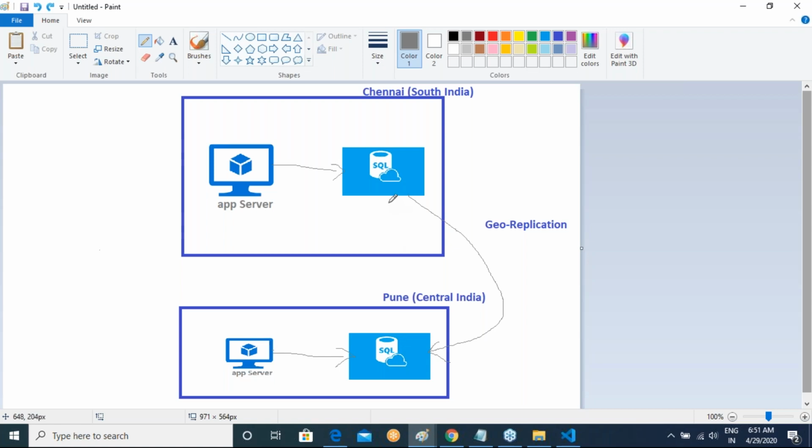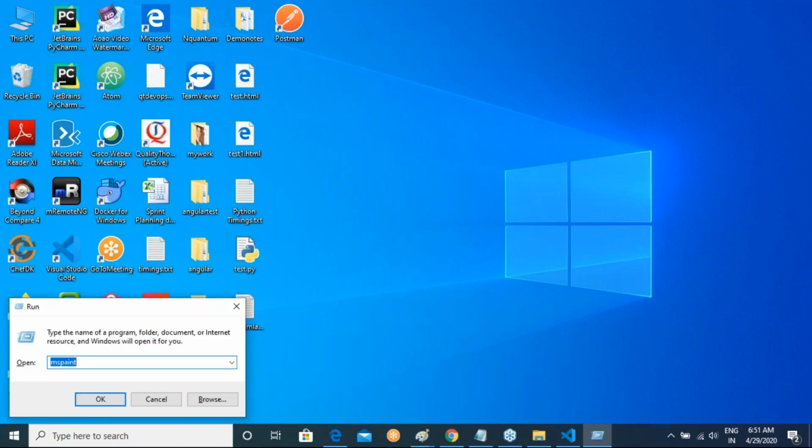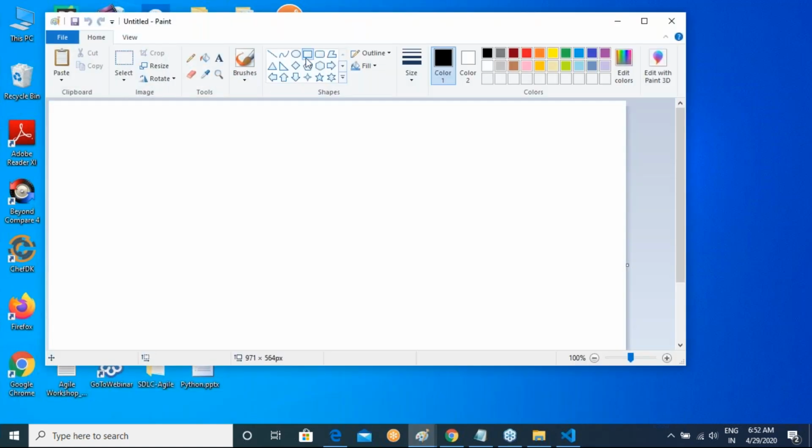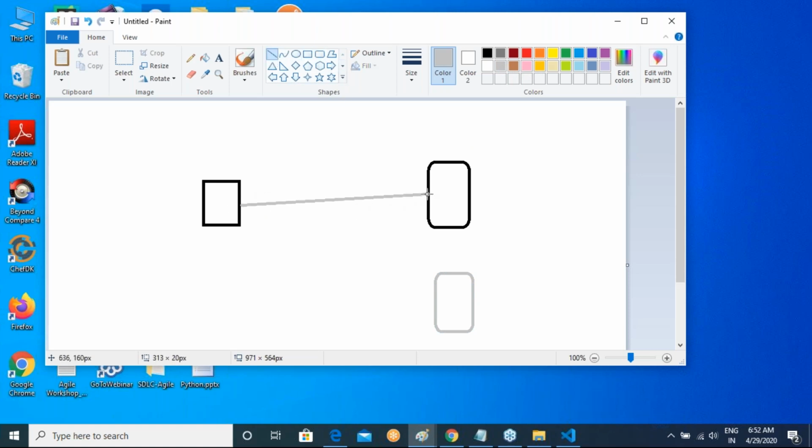For the people who didn't understand my statement, I have an application server and a database server. I have a doubt that this database might fail, so I have created an exactly similar database. But I will speak with this database only; this database will be used for all the stuff.